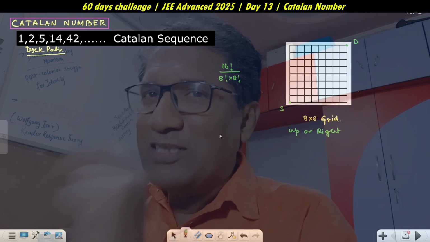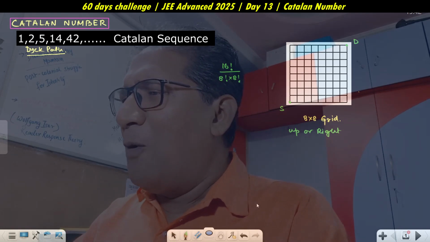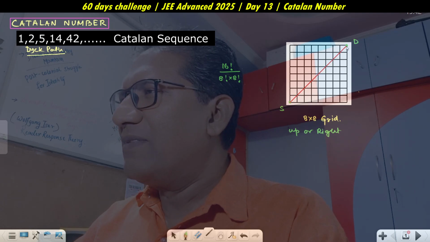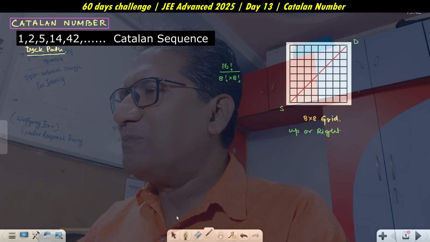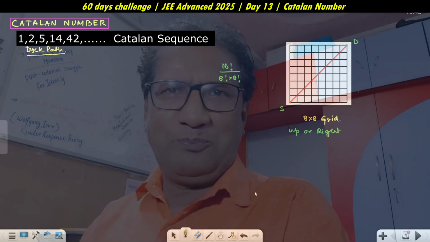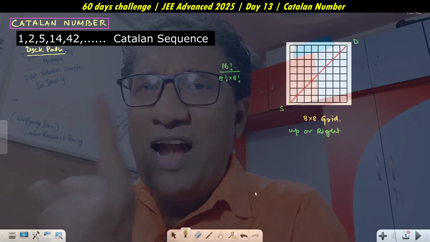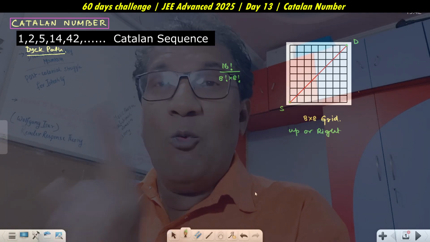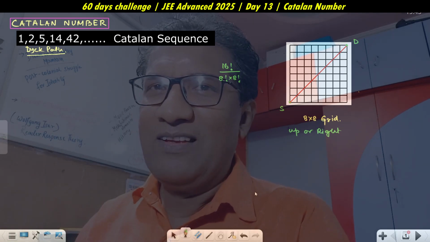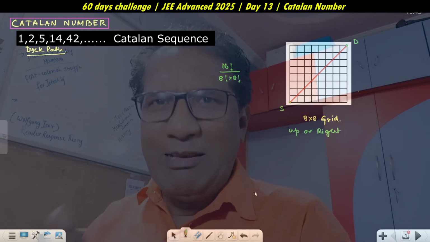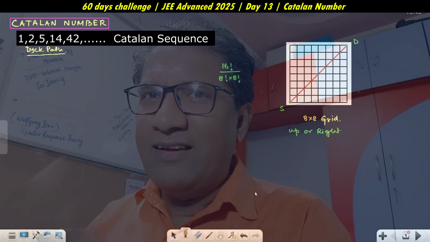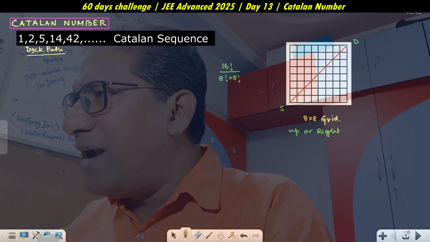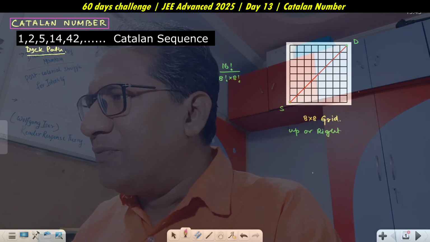But no, here is the twist. Suppose I have said, this is the diagonal. Now I have said, in how many different ways can the person reach from S to D without crossing this diagonal? Are you getting the point? Without crossing this diagonal. That is, the person can come like, I'm taking one path here.